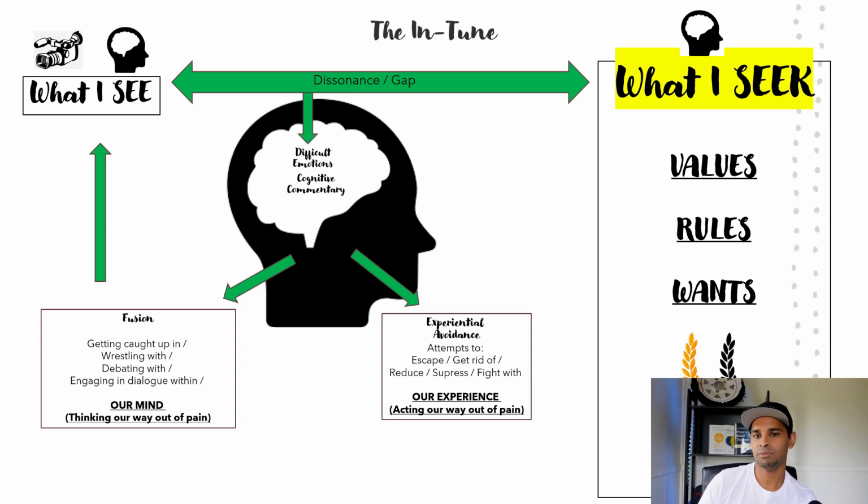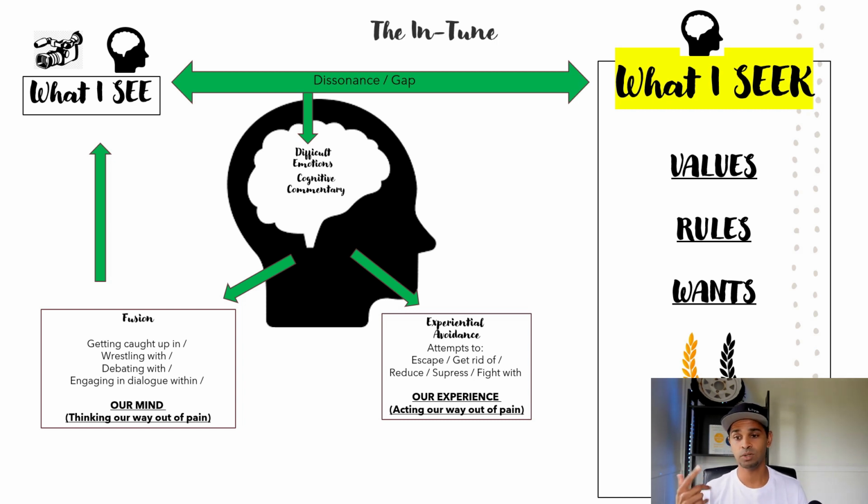The things that we seek, we can broadly classify in three ways. This is not an exhaustive list, but three things can form part of what I seek. One is the values that we hold, what is most important.